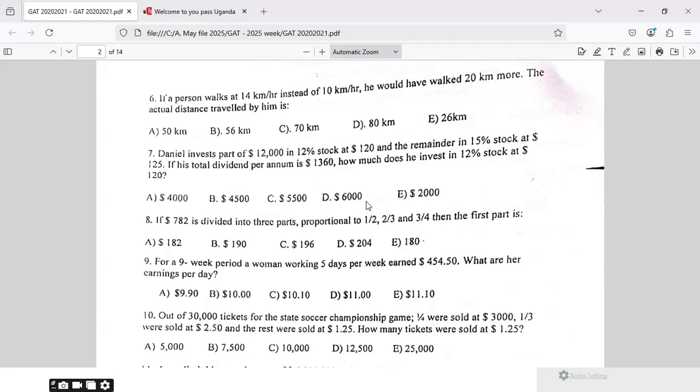Let me actually also ask along that line. When we did the calculation and we got X being 5 hours, did that mean that the time this person spent moving at that extra 4 kilometers was 5 hours? Yes, 5 hours more.